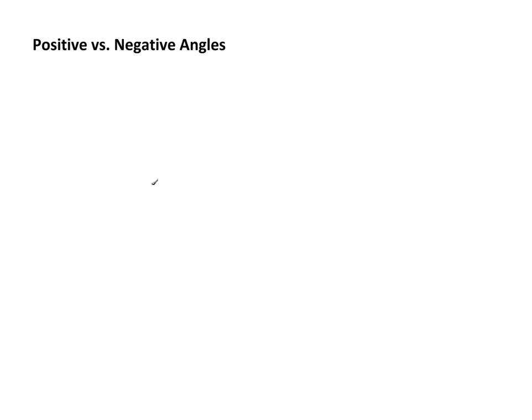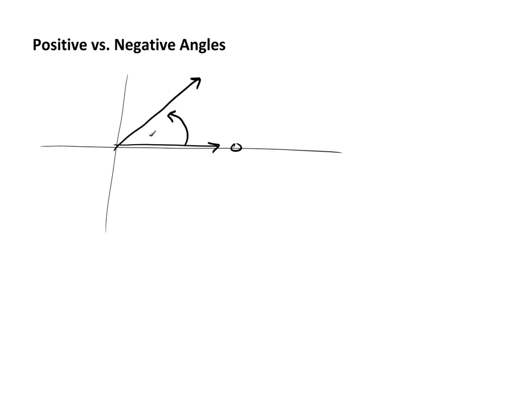Now, positive versus negative angles. Okay, if I start out in the standard position here at 0 degrees, and I have my x and y axes set up, if I take an angle and I sweep it out in this direction, so here's my angle, say it's theta. Theta is positive here. This is a positive angle. This positive angle is counterclockwise.